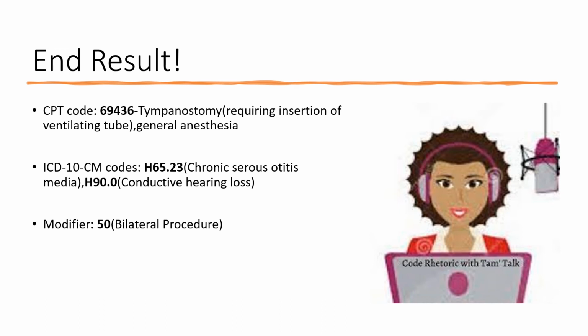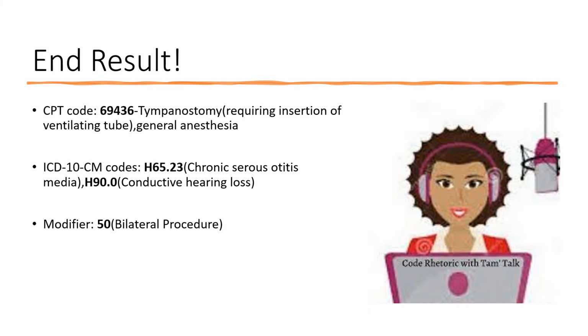And in this case, it did, because there is also another CPT code that is under local anesthetics. But we know, because we notated that this was done under general anesthesia, that this is the appropriate code. And then with our ICD-10-CM codes, we have H65.23, which represents the chronic serous otitis media, and then our H90.0, which is conductive hearing loss for bilateral.